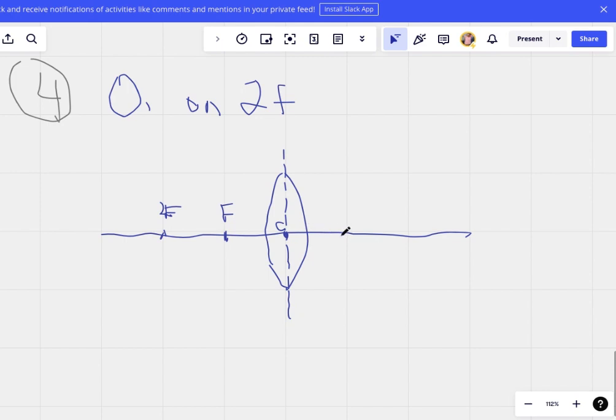Okay, here our F is here. The circle principal focus is here. We call it 2F. And then we decide to put an object on 2F. Let's say we got a candle light on 2F.